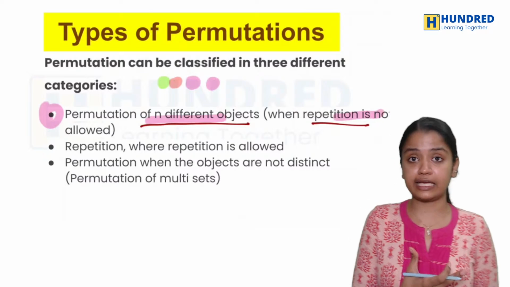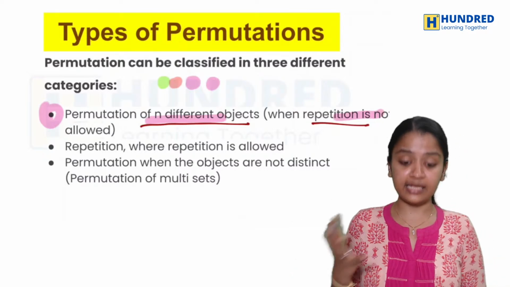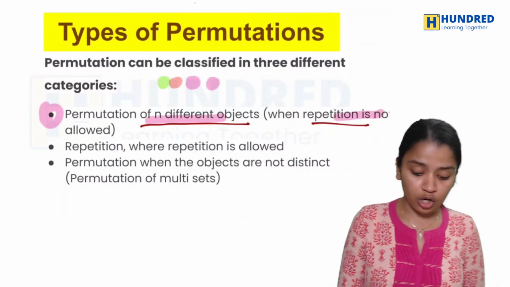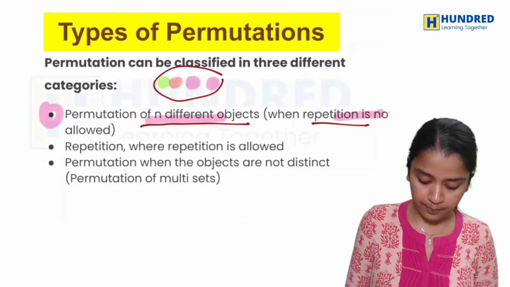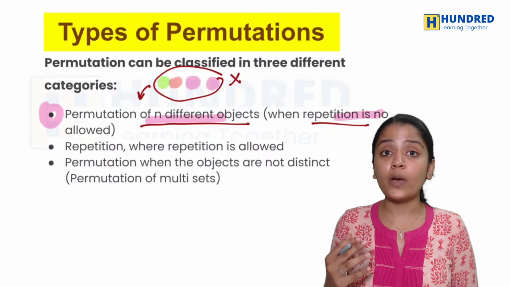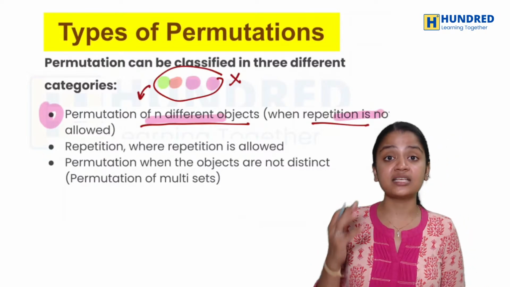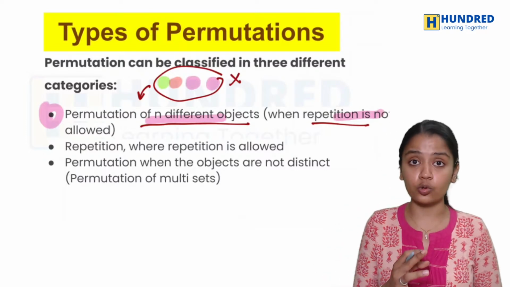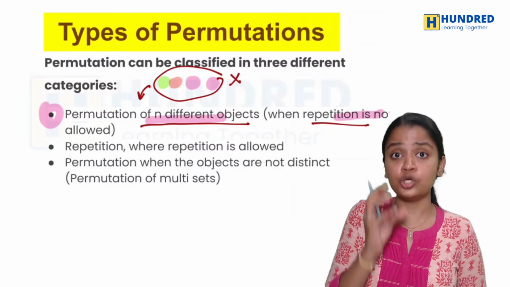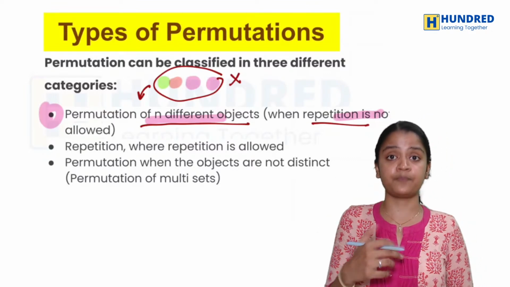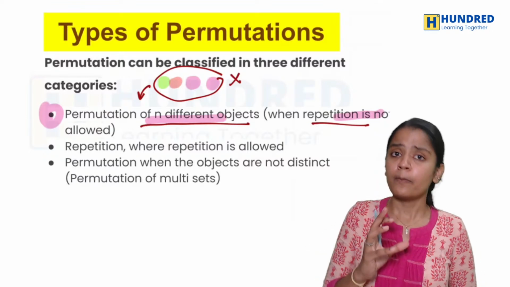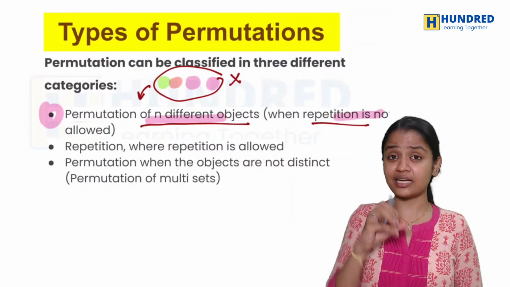Now let's go to the second category. Here, repetition is allowed. What does that mean? I gave you an example. This is not true for the first point, whereas for the second point, your repetition is allowed. It means that you can have the same kinds of objects. Not necessary everything should be same, but that is allowed.